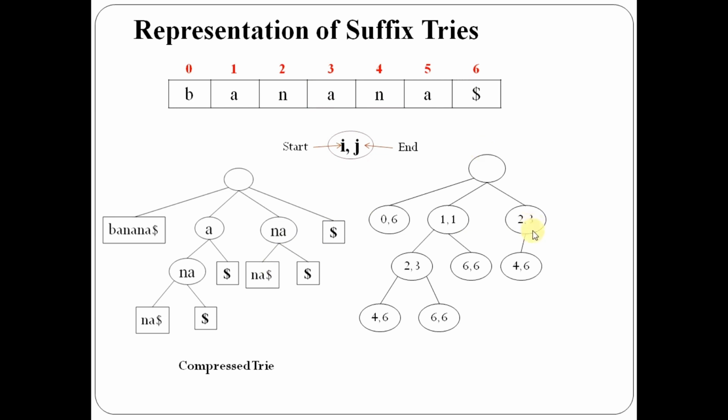The dollar starts at location 6 and also ends at location 6. And for the last dollar, it also starts at location 6 and ends at location 6. So this is how we are representing a trie.